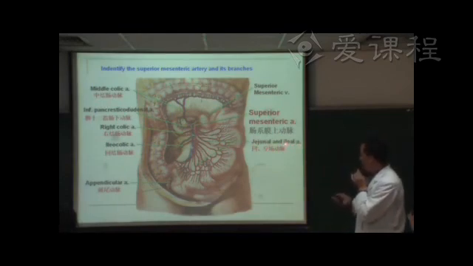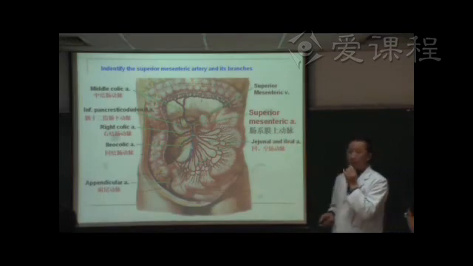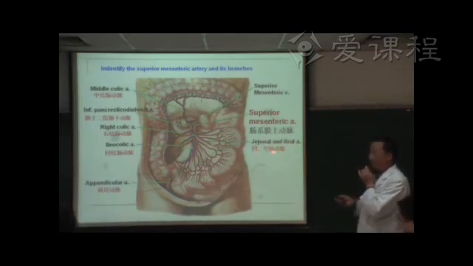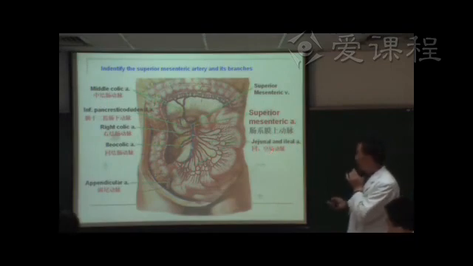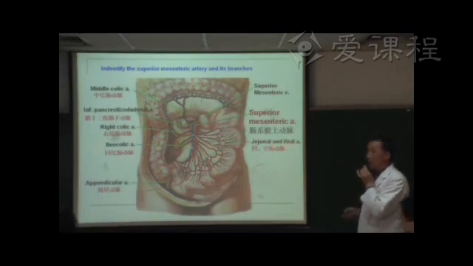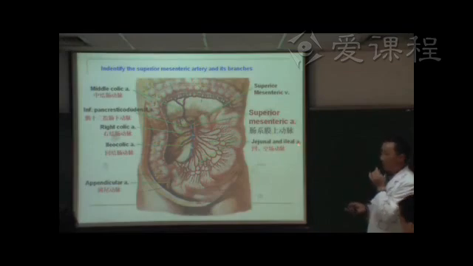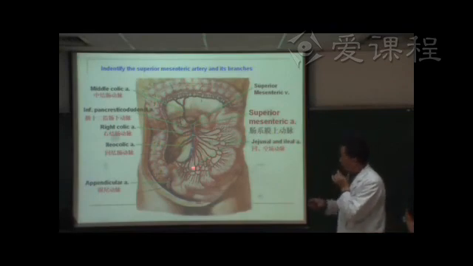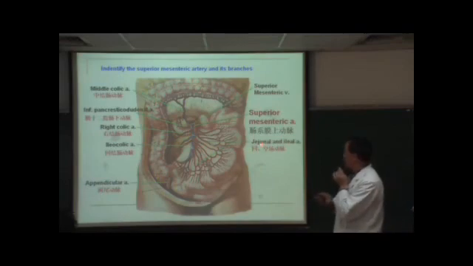Jejunal artery and ileal artery. 回肠动脉, this is the ileal artery. 回肠动脉和这个空肠动脉, read this name. Jejunal artery, ileal artery. Yes, all of them are the jejunal and the ileal arteries.